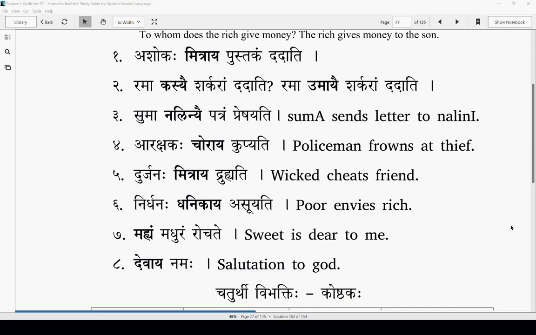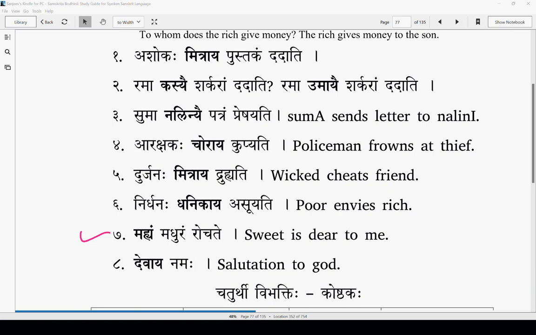Thank you. Now, next sentence, number 7, is a special case here. Mahyam, instead of Mahyam, let's use some other. Mahyam is the Chaturthi Vibhakti of Aham. It's for me, to me.